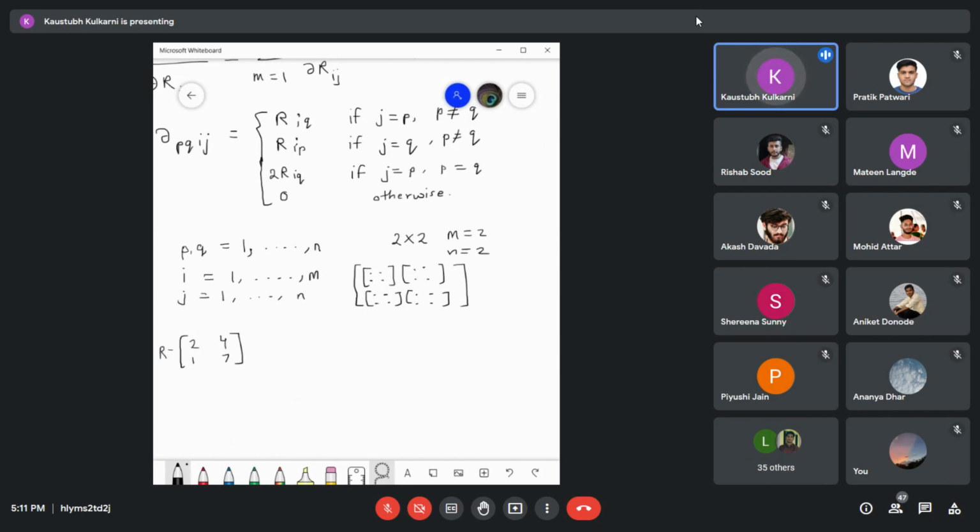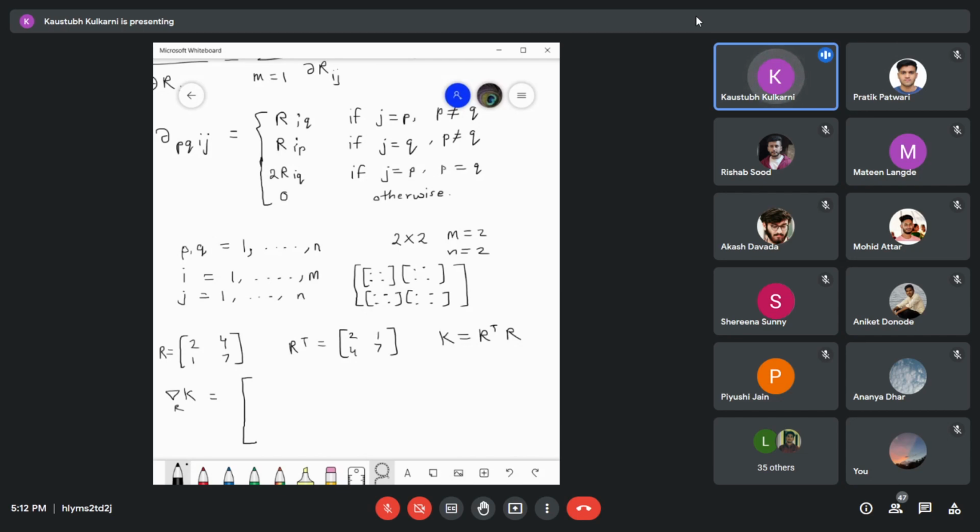So let's take the same matrix 2 4 1 7. If R is 2 4 1 7, R transpose is 2 1 4 7, and K is R transpose multiplied by R, then the gradient of K with respect to R will need 16 elements calculated. So p, q, i, j all have possible values 1 and 2.